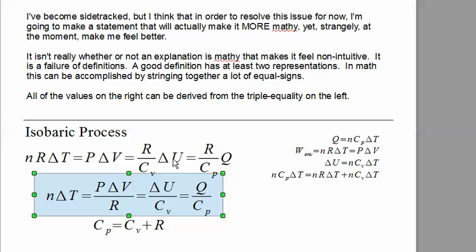So this no longer has that sign ambiguity, because work on the environment was the negative of the work on the gas.